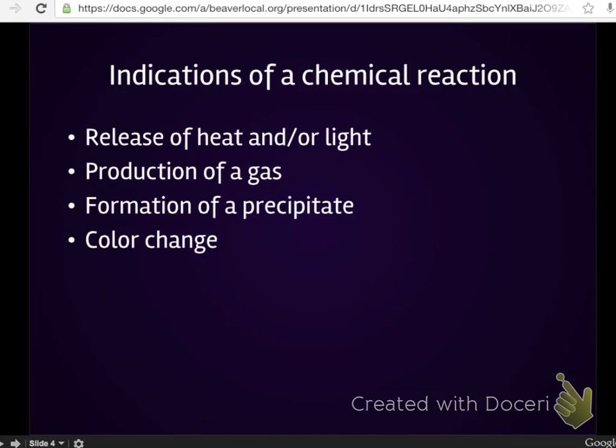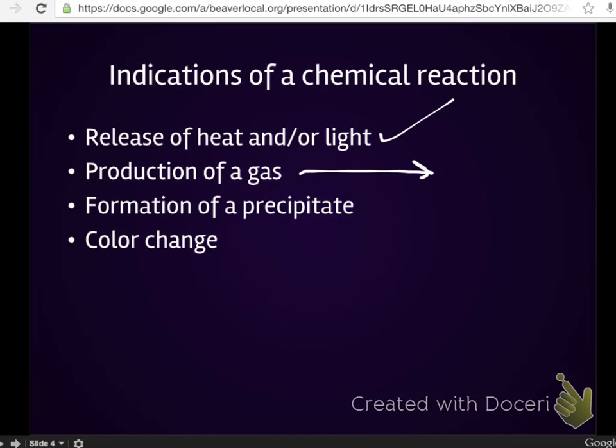So, I think most of you actually know this already, so we're going to spend short time on it. How do you know a chemical reaction occurred? Well, first one is heat or light. That would also be the kaboom, is often the evolution of heat or light. Production of a gas.